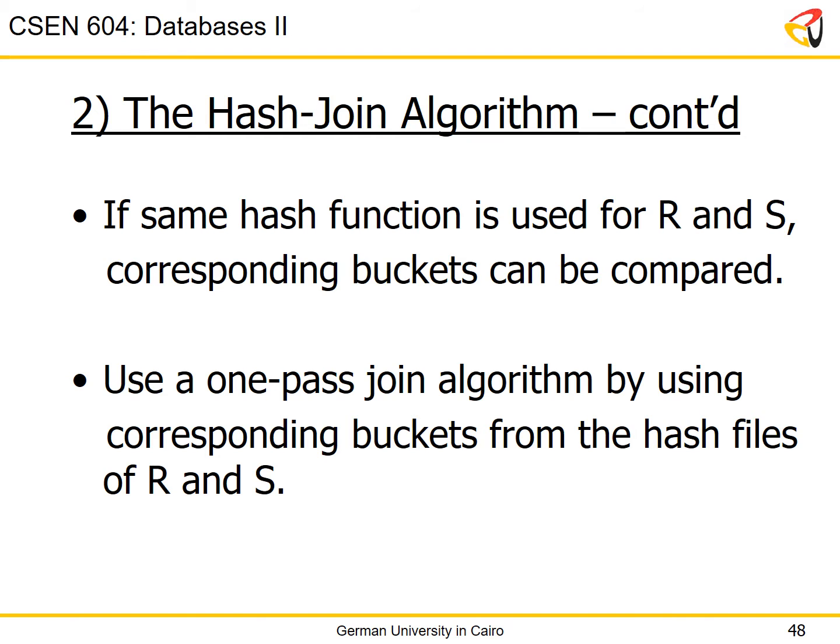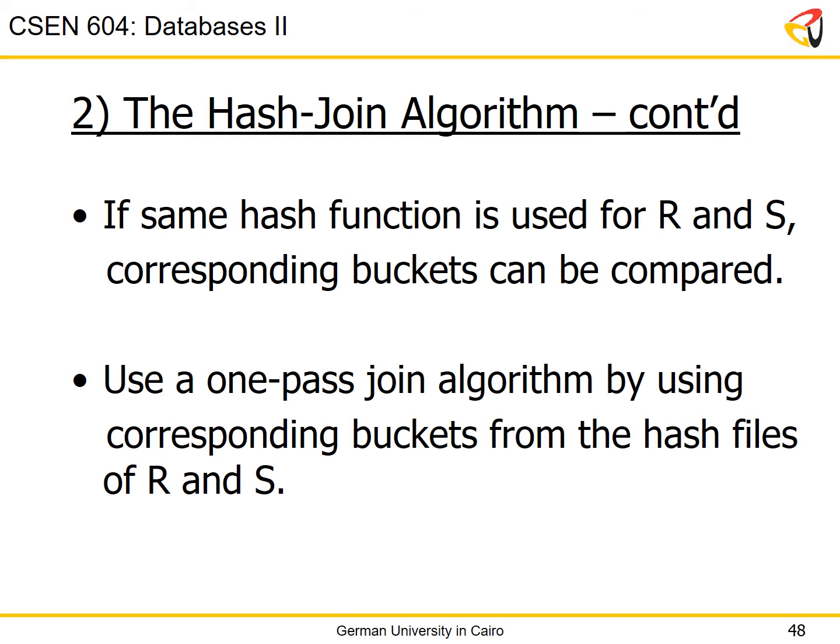The key to understanding this is that if we use the same hash function for the two hash tables, the two separate hash tables we're going to build, one for r.y and another one for s.y, the same value will hash to the same bucket. So if I see in r.y the value 50, and I pass it to the hash function, and I get as an output from the hashing function the number 7, which means I'm going to put this value 50 in bucket number 7.